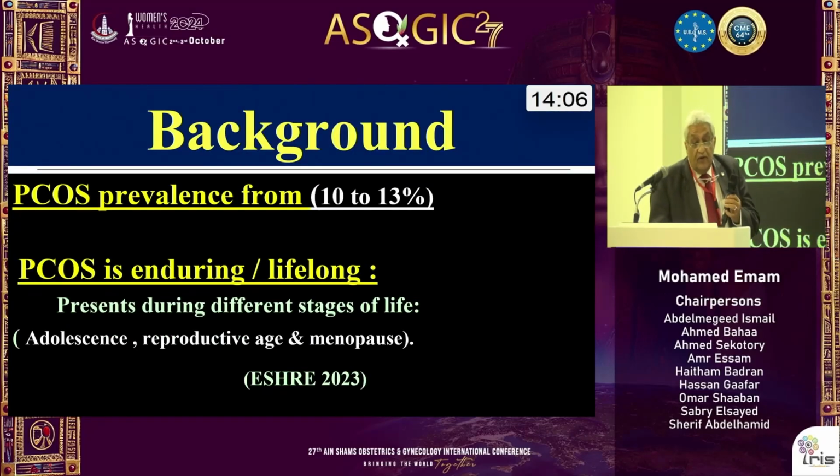The background of my talk is that the polycystic ovarian syndrome prevalence is from 10 to 13%, and this syndrome is enduring lifelong. It is present during different stages of life, which include adolescence, reproductive age, and menopause.